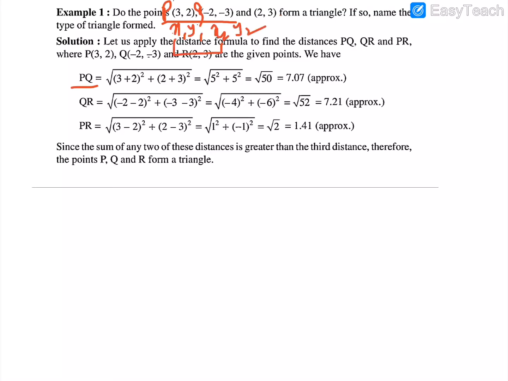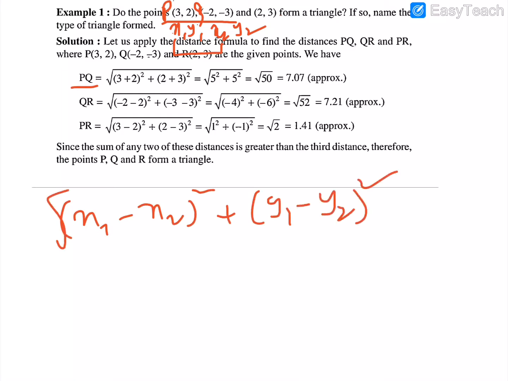The formula is x2 minus x1 whole square, or we can take x1 minus x2 whole square also. Here they have taken x1 minus x2 whole square. So x1 minus x2 whole square plus y1 minus y2 whole square, square root.